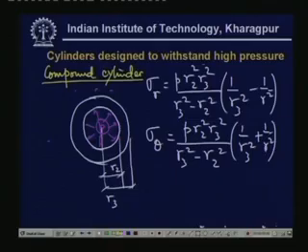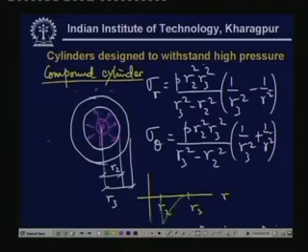So, now the stress distribution is again very well known, that is with R, if this is R1, this is R2 and R3, then this is the sigma R distribution, and the other distribution is sigma theta.